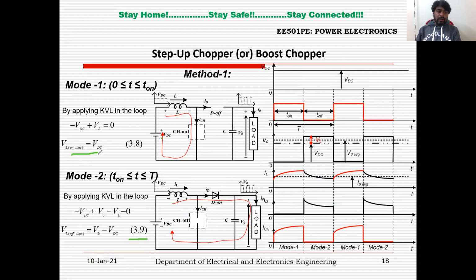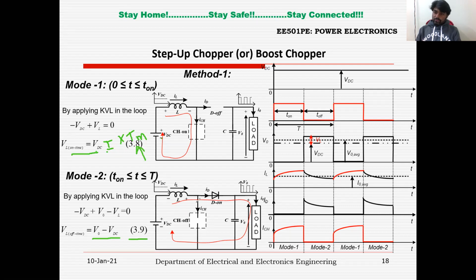So this is during off time period, and this is during on time period. So if you multiply this with the current and the time duration, voltage multiplied by current will give power, and that multiplied by time will give energy. That means during on time period, the energy stored in the inductor will be VDC into I into T on.